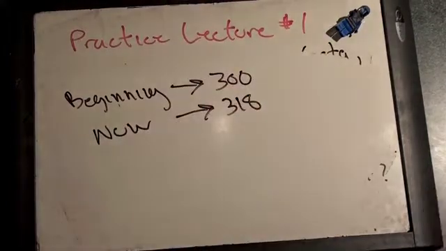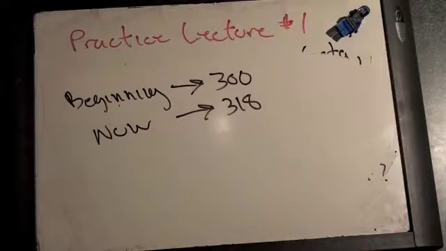How do we figure out the new average? You just add them up and divide. How many boys are there? There's 3. So you divide by 3. We've got to figure out what 318 divided by 3 is.